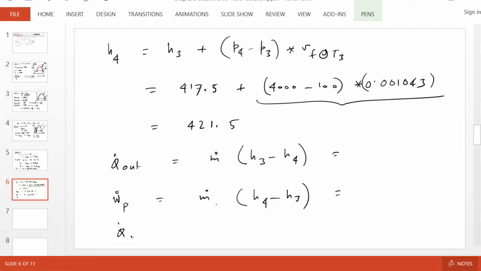And what is Q dot in? M dot H1 minus H4, the bigger one minus the smaller one. So let's calculate all these numbers and write them down.